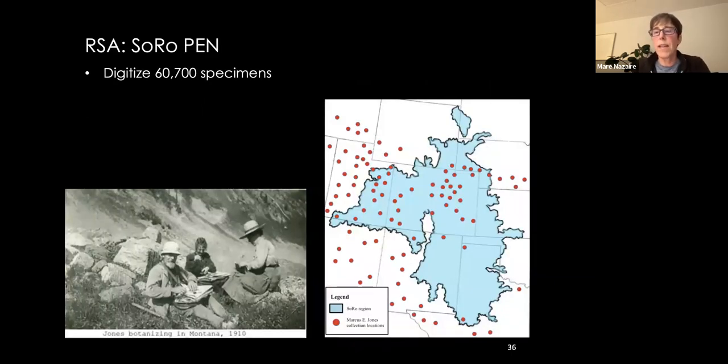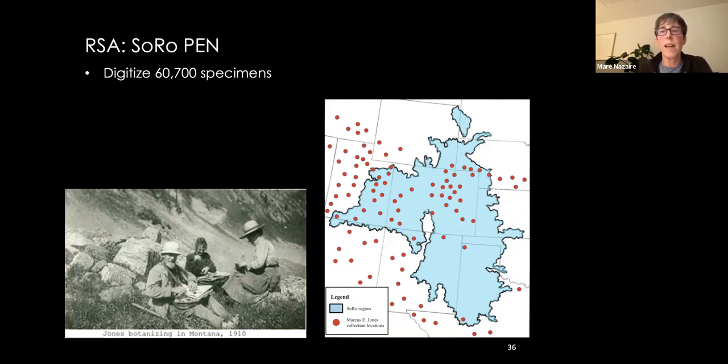Here on the right is the map that represents the Southern Rocky Mountain region that's targeted in the TCN, highlighted in blue. And in red are collection locations from Marcus E. Jones, who was a prominent botanist at the turn of the century. He collected prolifically throughout the Western US.